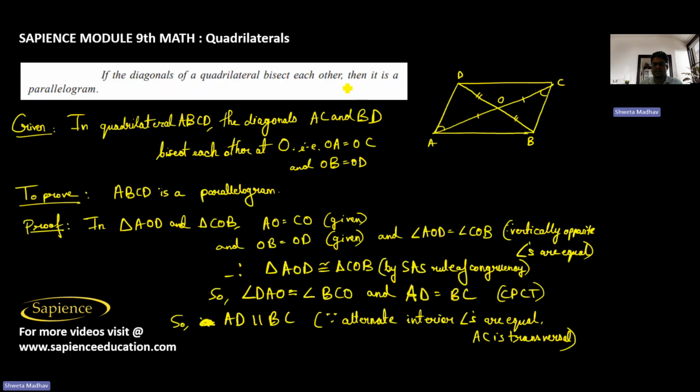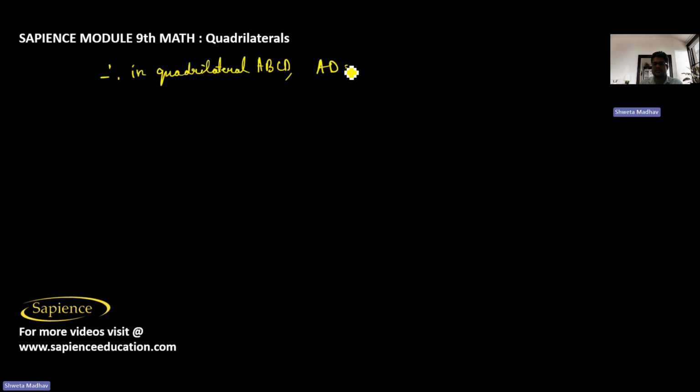So therefore, we can say that in quadrilateral ABCD, AD is equal to BC and AD is parallel to BC also, since it is proved above.